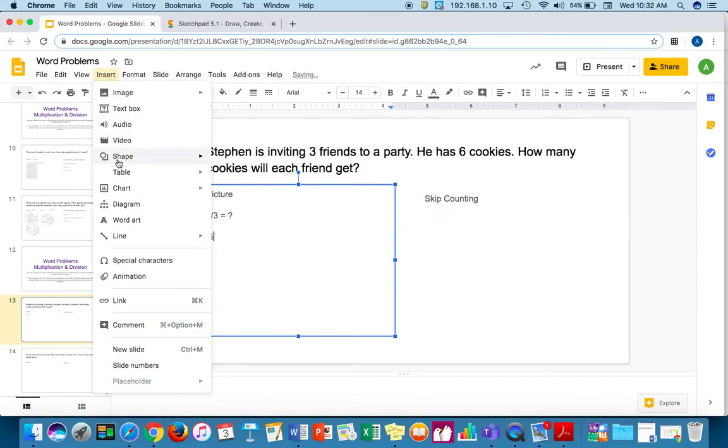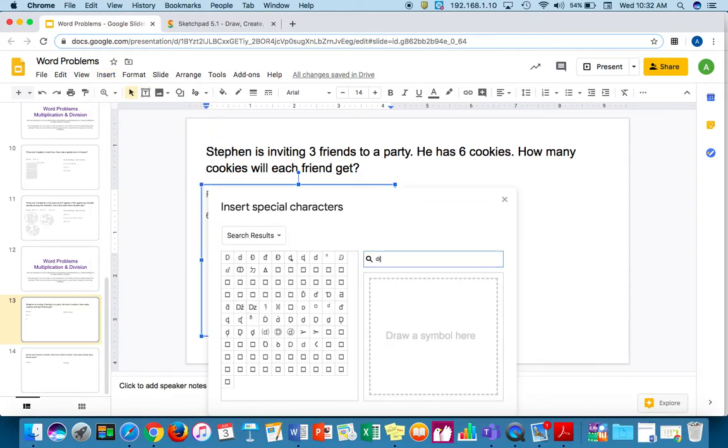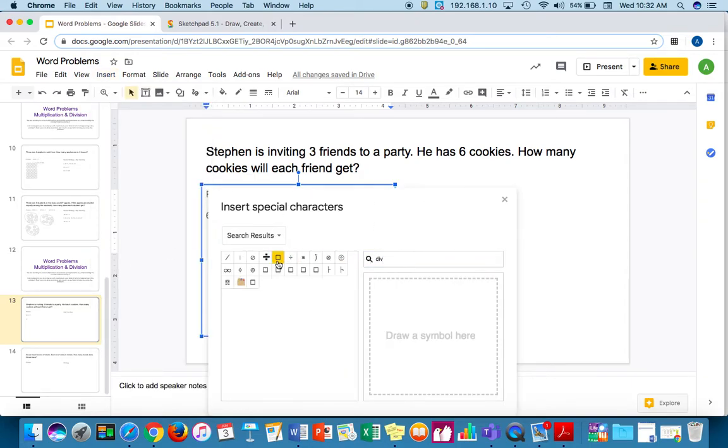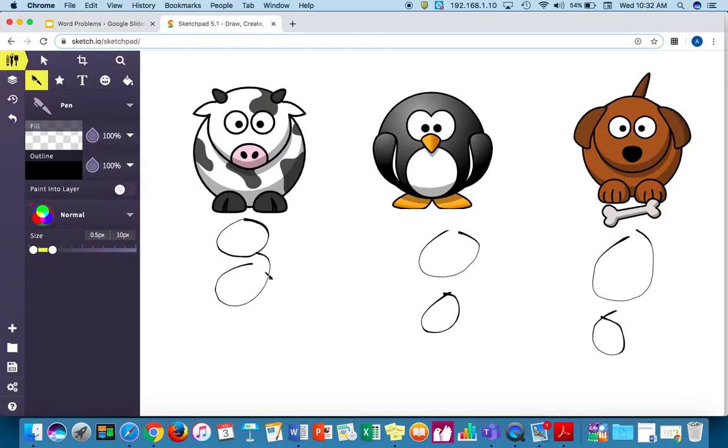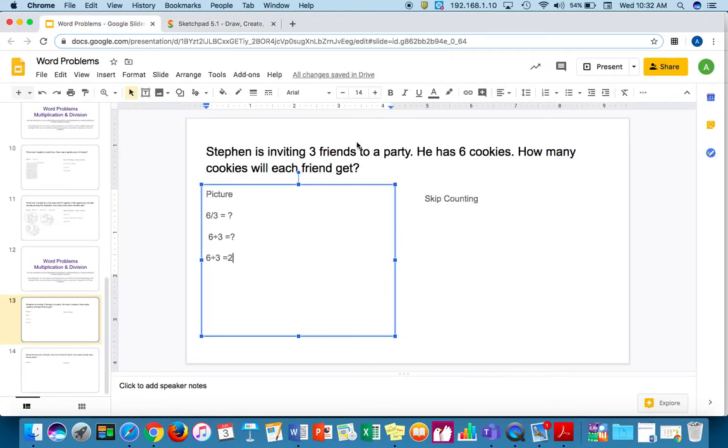If you have a computer, you might also be able to add in a special division character. However, that slash represents the same thing. Notice that I used the 6 and the 3 because that is what is in the problem. Now I can do 6 divided by 3 and write our answer of 2 because each one got 2.